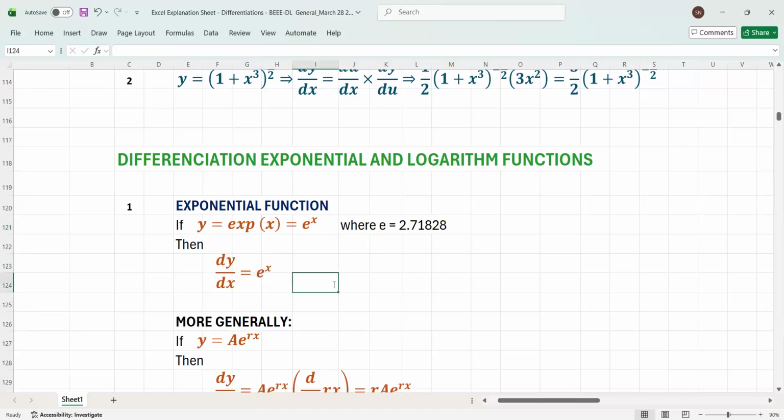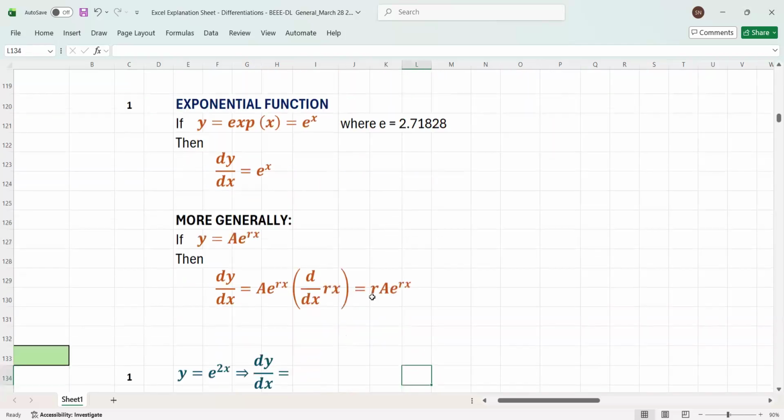But in general, if this x is being multiplied by a constant, then you differentiate that power in general. So let's say that our y is equal to a multiplying e raised to the power rx. So the a is there, but the e is raised to the power rx. So there's a constant multiplying the variable x. This is a formula.